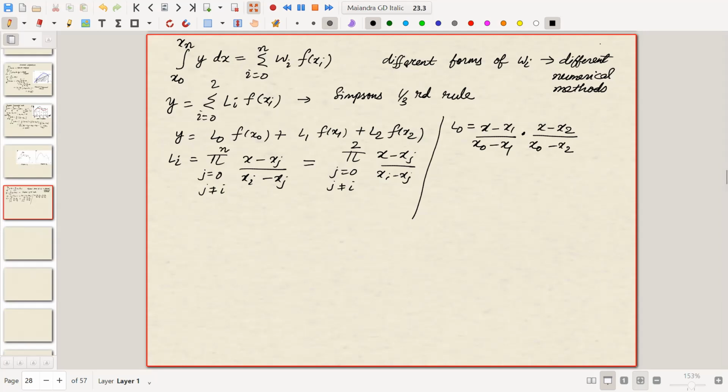Observe this pi. What does this pi mean? You are taking multiplication. Therefore, we are multiplying. Similarly, you can calculate L1, as I'm just writing the direct result. You can see this.